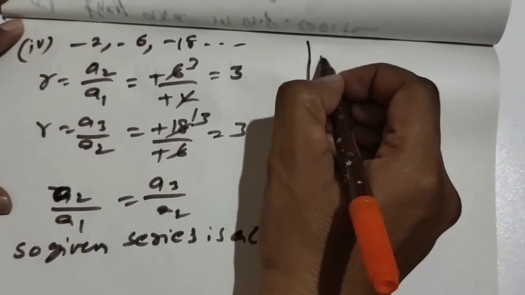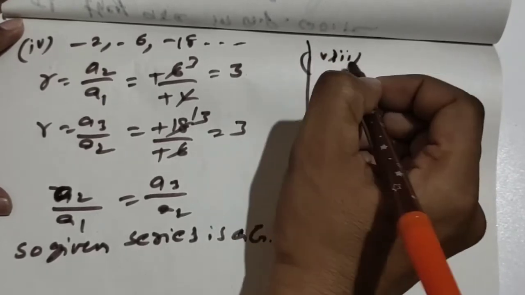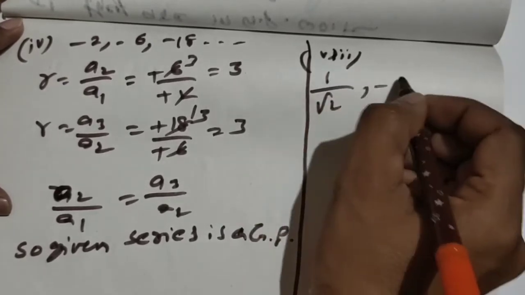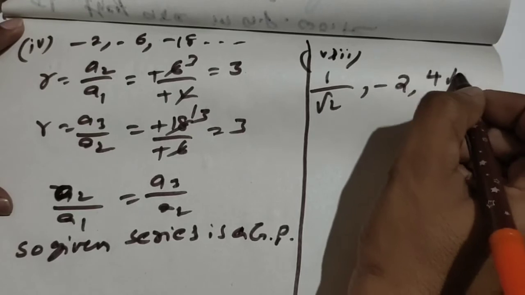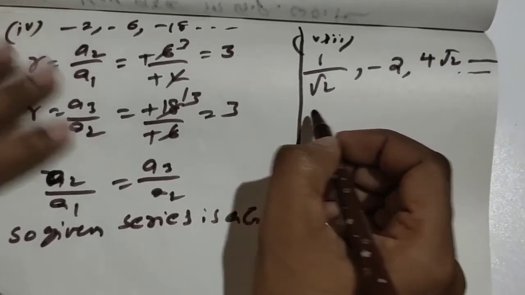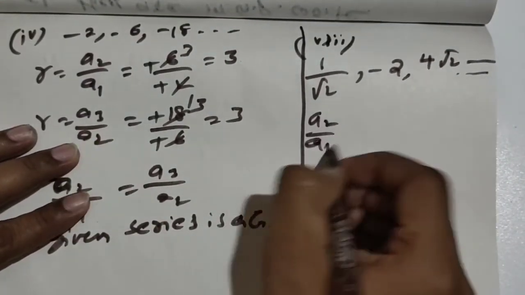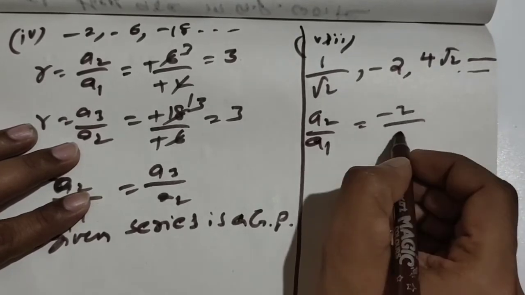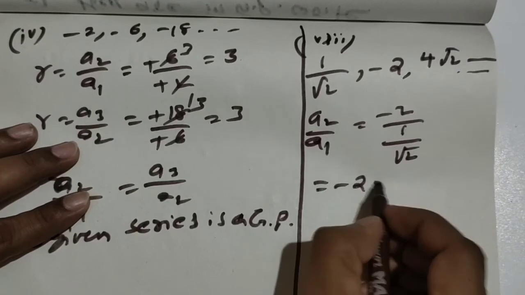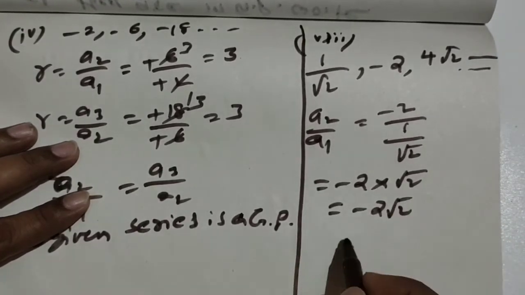Okay, and next, let us see the 8th one. Remaining you can do easily. 1 by root 2, -2, 4 root 2, up to so on. Now here also find a2 by a1, that is simply -2 by 1 by root 2, then -2 into root 2 by 1, simply we can write it as -2 root 2.